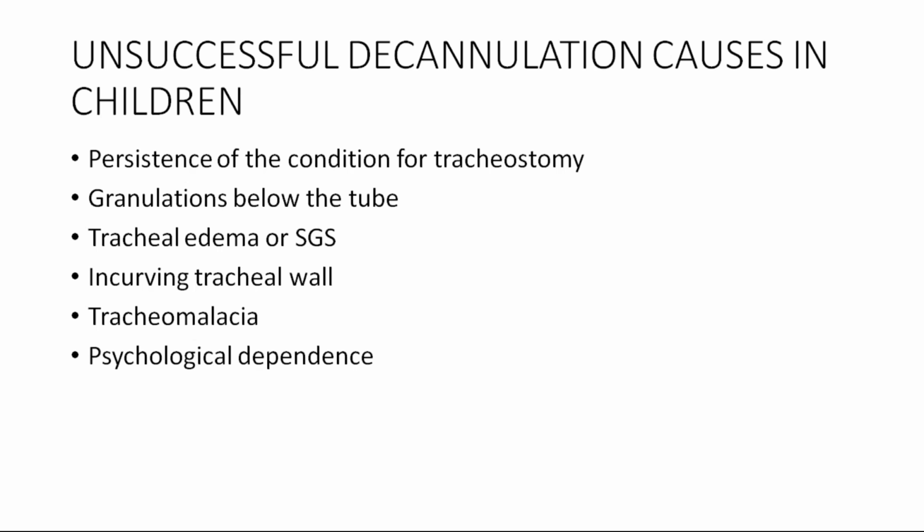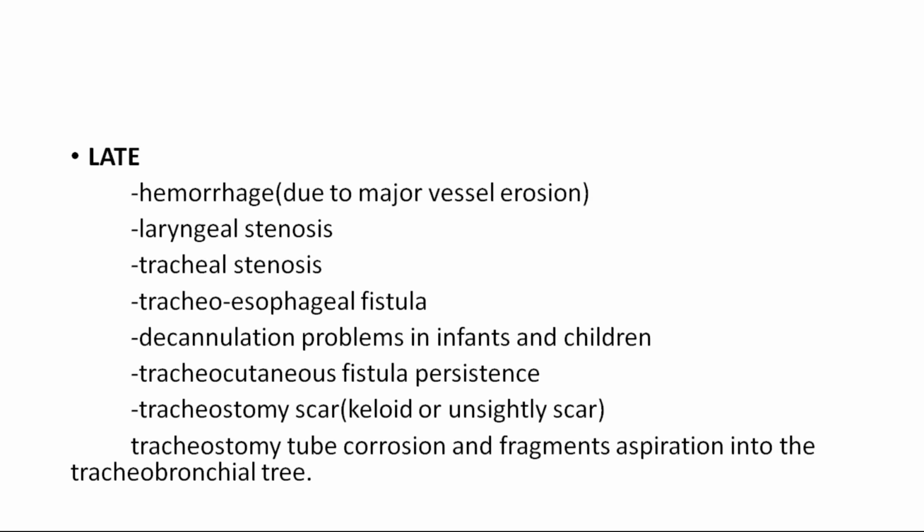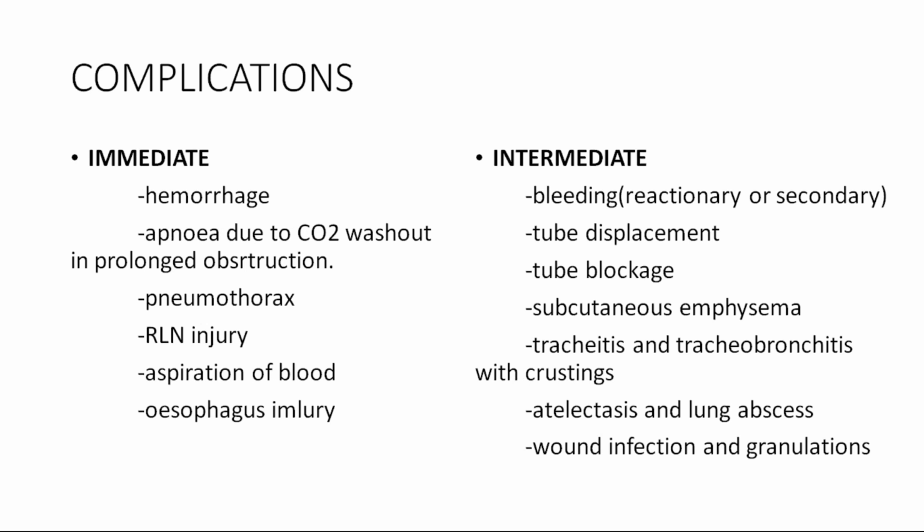Psychological dependence. Complications can be immediate, intermediate, or late. In the case of immediate complications: hemorrhage, and apnea due to the CO2 washout in prolonged upper airway obstruction. Prolonged obstruction of the upper airways can lead to CO2 retention, which stimulates the central respiratory center repeatedly.